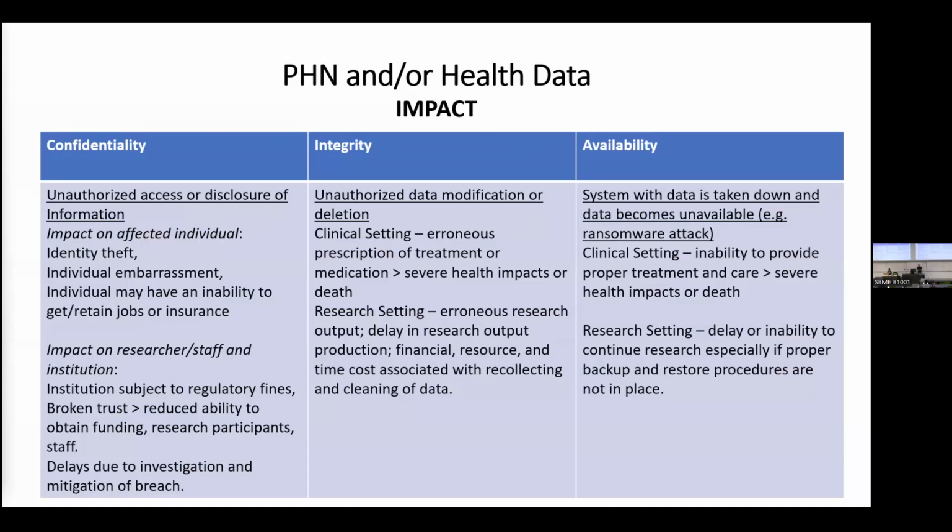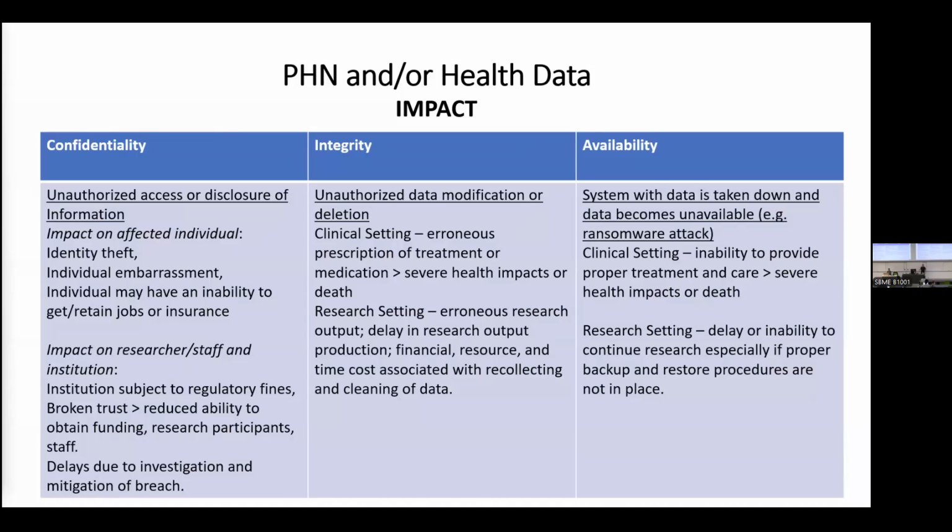But what about integrity? Integrity is when you do something that alters the data in some way, unintentionally. So the data gets changed. So let's say you're collecting this health data and you need the data to be accurate, but somehow somebody gets in there and changes it. What would be the impacts of that? And so the examples here are, you might give the wrong prescription because somebody flips a digit on the PHN and now you're thinking you're dealing with a totally different person.